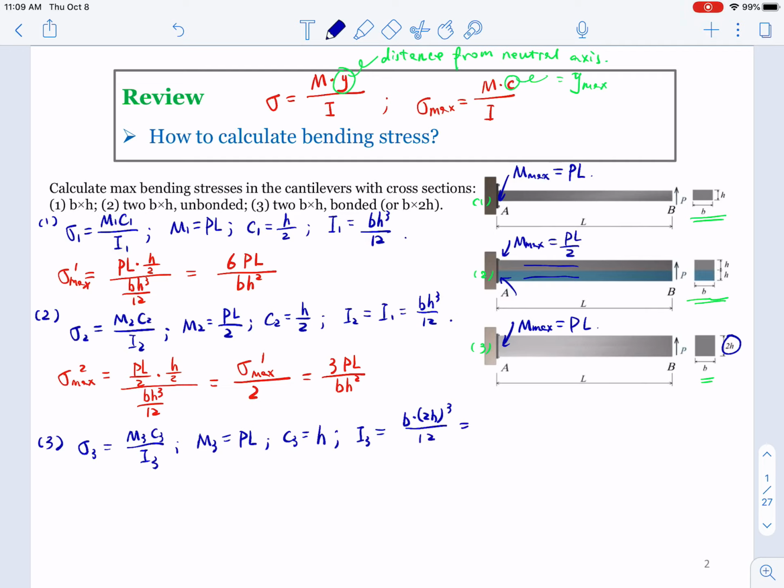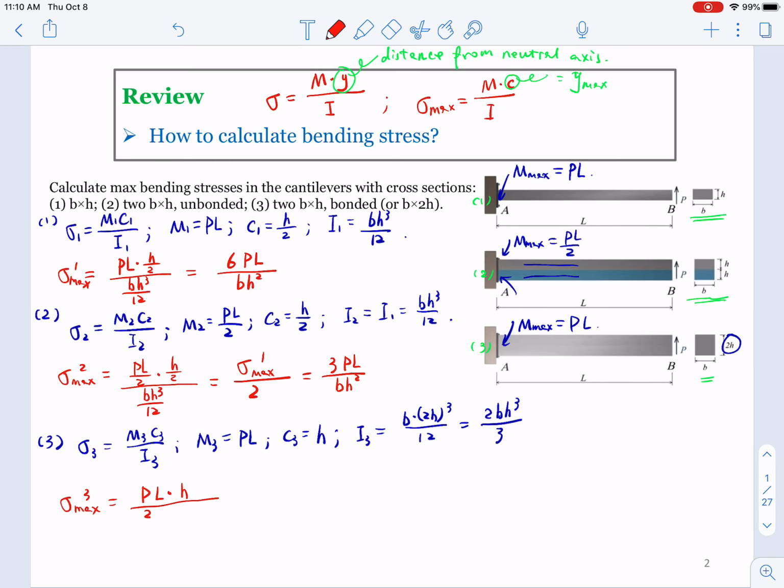It will be 2BH cubed over 3. So the maximum bending stress in case 3 will be PL times H over 2/3 BH cubed.